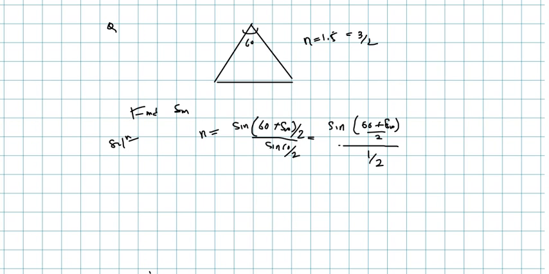So, let us write this here. So, 3 by 2 is equal to 2 into sine of (60 plus delta m) by 2, and then we can proceed like this. So, 3 by 4 is equal to sine of (60 plus delta m) by 2, right.